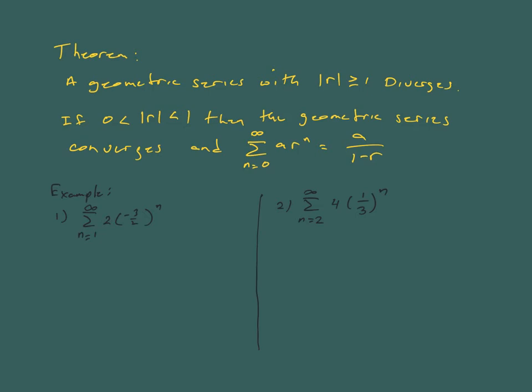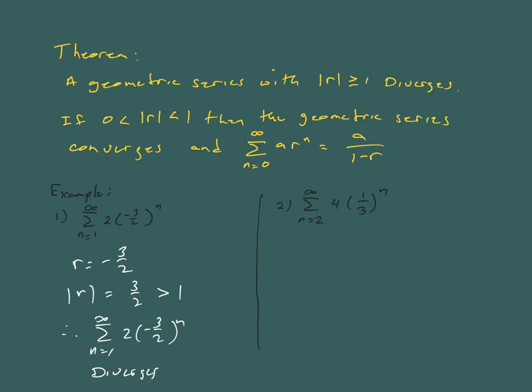So in this first example, we're taking the sum as n goes from 1 to infinity of 2 times negative 3 halves to the n power. We know that r equals negative 3 over 2. The absolute value of r is 3 halves, which is definitely greater than 1. Therefore, this series diverges.